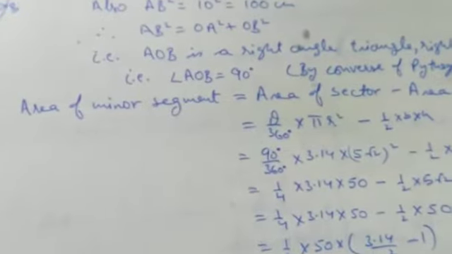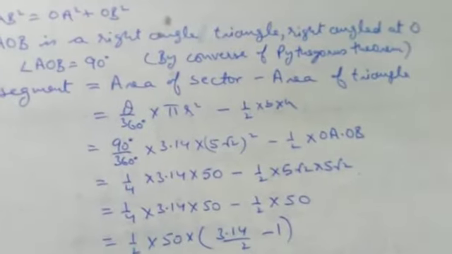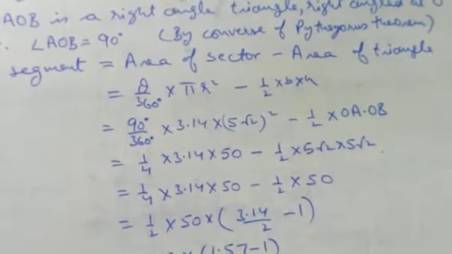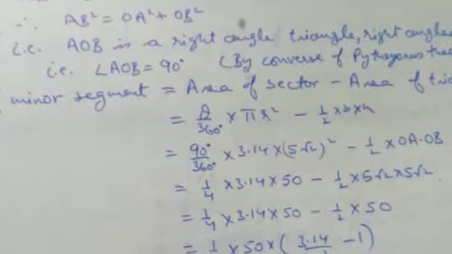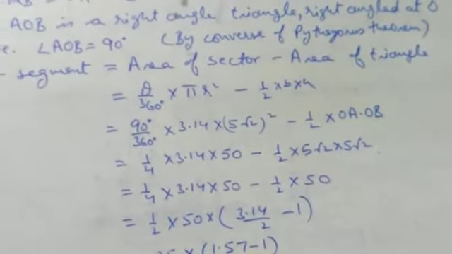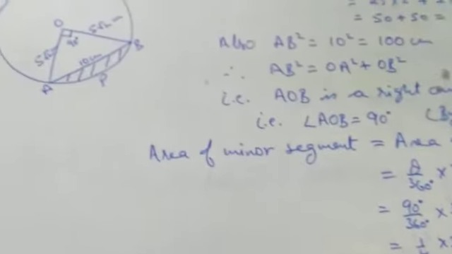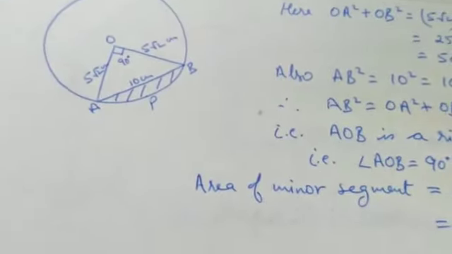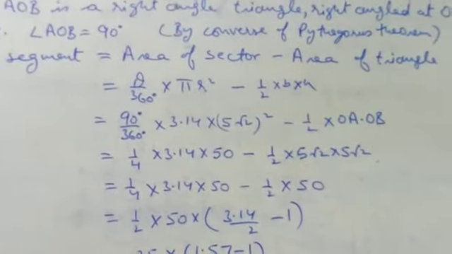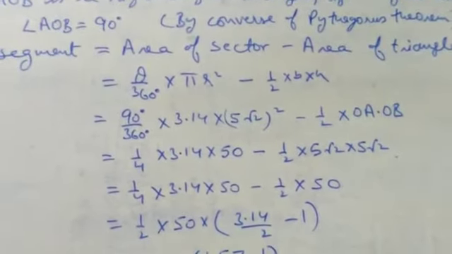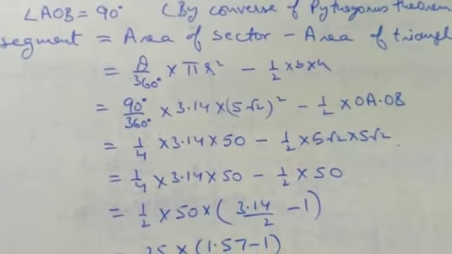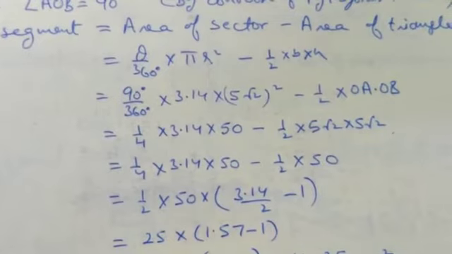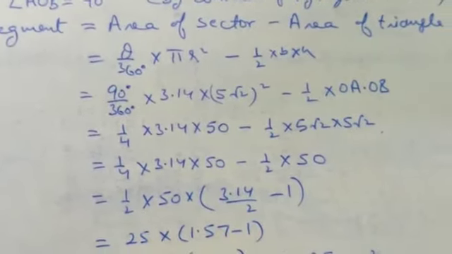Therefore, area of minor segment will be area of sector minus area of triangle. That is theta by 360 into pi r square minus 1/2 base into height. Now here we are using area of triangle by the formula half b into h, because we have base and height both. Now theta by 360 into pi r square is 90 by 360 into 3.14, we are using here value of pi as 3.14, into 5 root 2 square minus 1/2 OA into OB.